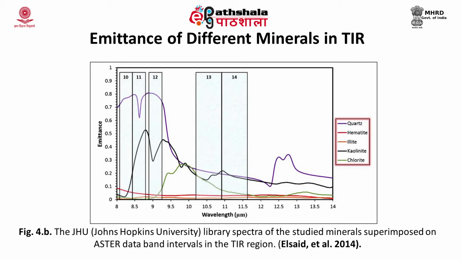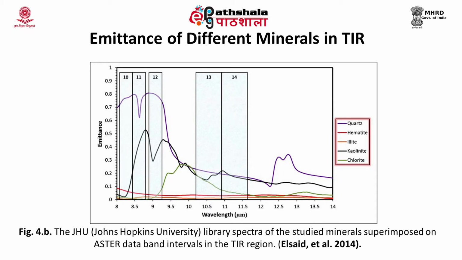And here, it is mostly in the thermal infrared region, that is on the higher wavelength side. You can see the ASTER bands illustrated here as 10, 11, 12, 13 and 14, and different minerals like quartz, hematite, ilmenite, kaolinite and chlorite are plotted with respect to TIR. Here you can see quartz, kaolinite and chlorite.